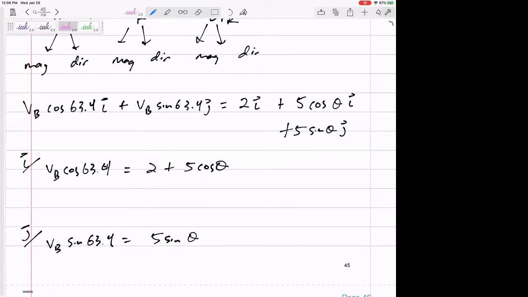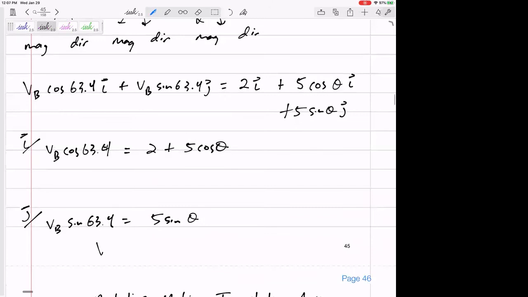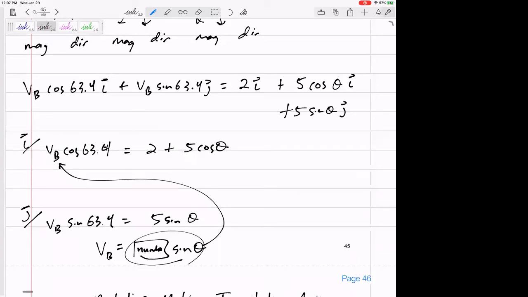But with this one, this is my instinct. I wish I had some numbers here for you, but I would divide by sine 63.4 and get 5 divided by sine 63.4. I don't have that, but it's just a number, times sine theta. 2 equations: how I like to solve 2 equations is write one in terms of the other and plug it in. So I'd write VB in terms of theta, plug that in, and multiply it times cosine 63.4.